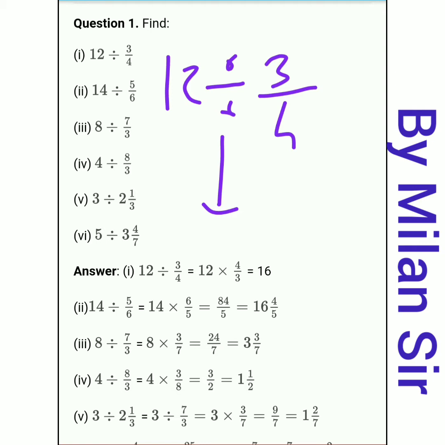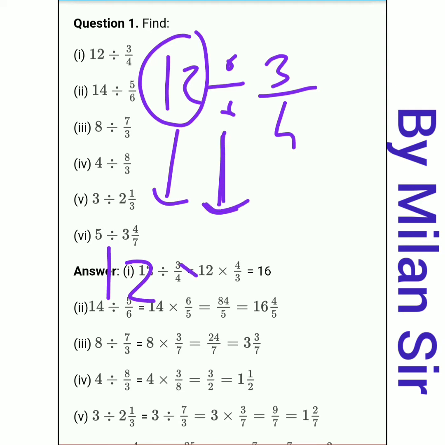Now how? First of all, our first number, that means numerator, it is as it is. Here in place of division we need to put multiplication sign, and for the second number, that means our denominator, we need to take reciprocal of denominator.